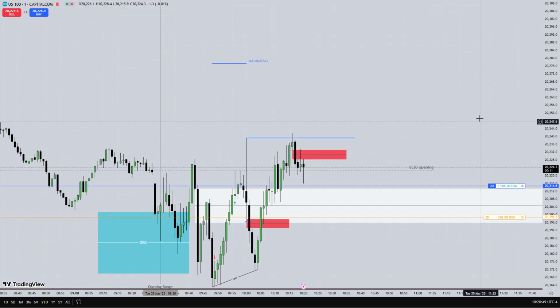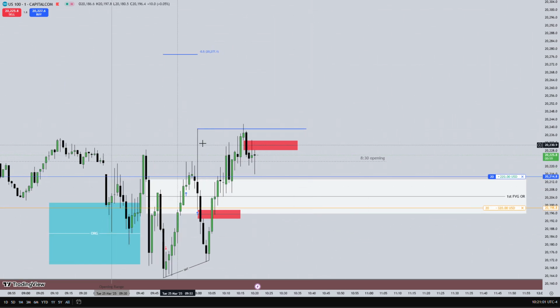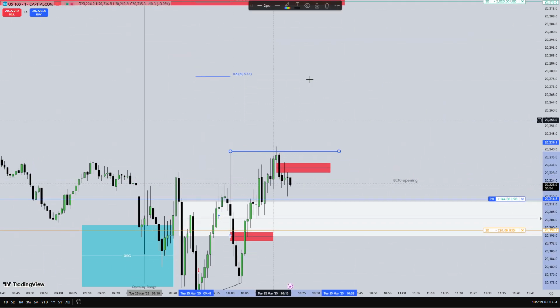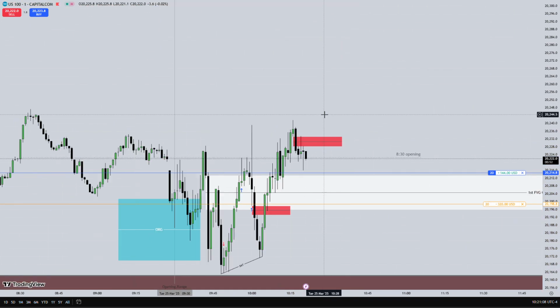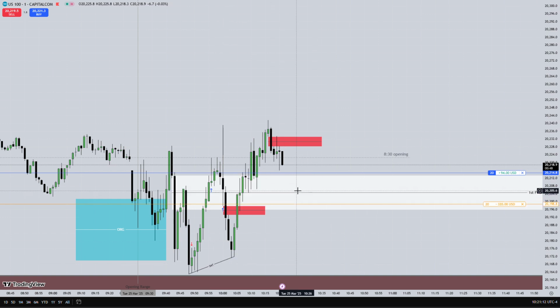I really love to keep my chart as clean as possible, because all those colors and things really distract me. I don't like these lines and colors. They just distract me from price action, and I really try to avoid them because they stop me from seeing what price action is actually doing.